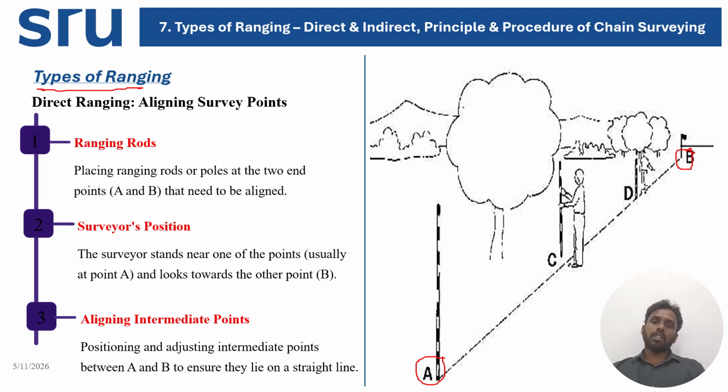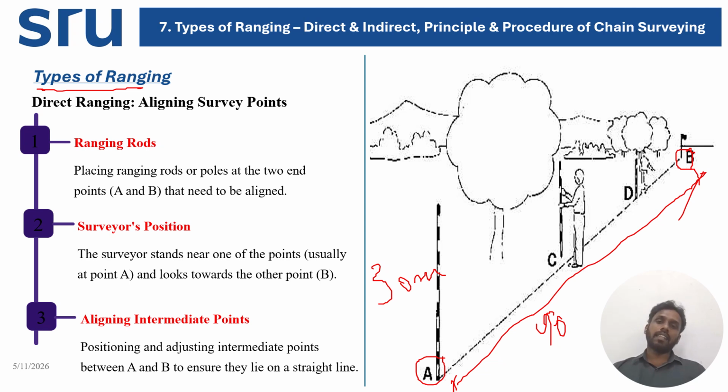If the distance is more than your tape length, for example, make this distance around 120 or 90, but the tape you have is only 30 meters. In that condition, you have to align your survey points exactly in a straight line between your A and B, because the shortest distance between two points is called a straight line. So that's the definition of a straight line.